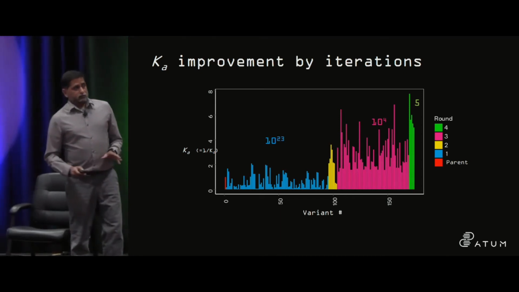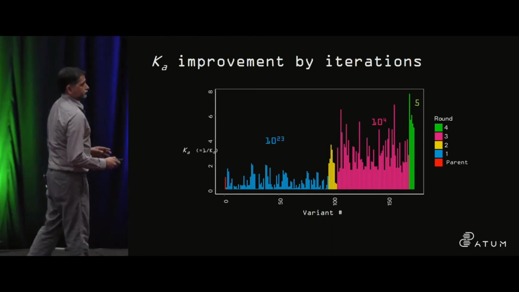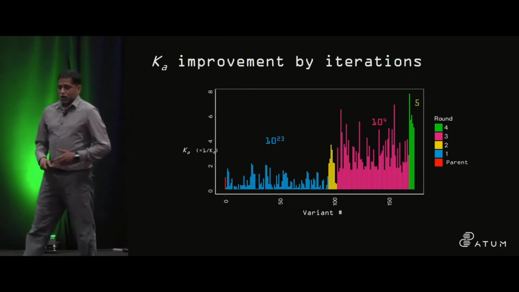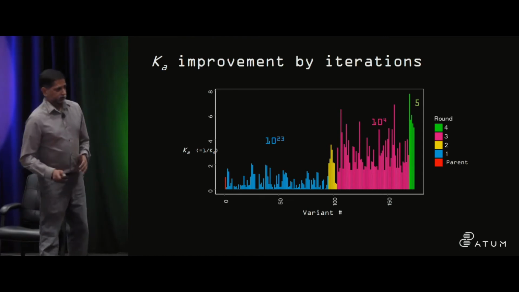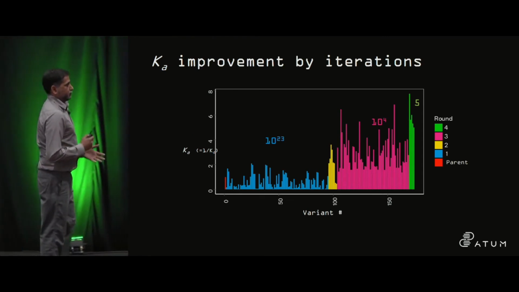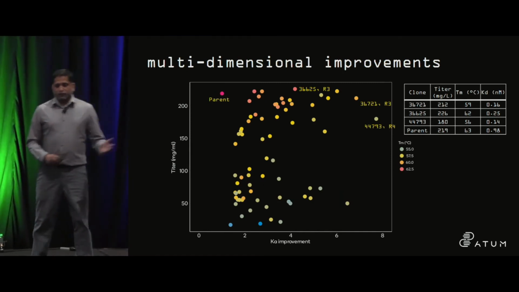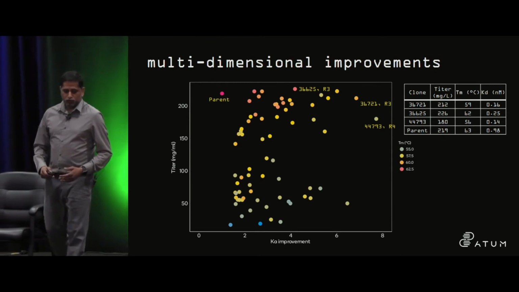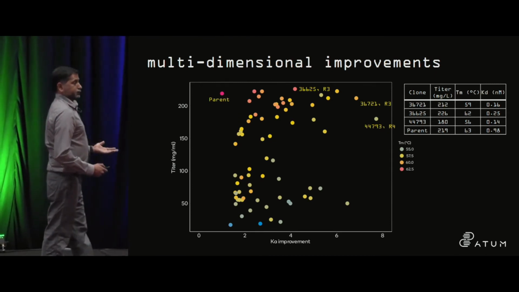The key here is to measure as few as possible, but still explore a lot of sequence space. Okay? So I've shown you here 5 iterations, totaling only 184 antibodies measured. And we are able to improve this on various different properties. It's the same antibody here. I'm showing 3 dimensions, although we did measure a lot more. Mind that the original antibody was already a commercial product.